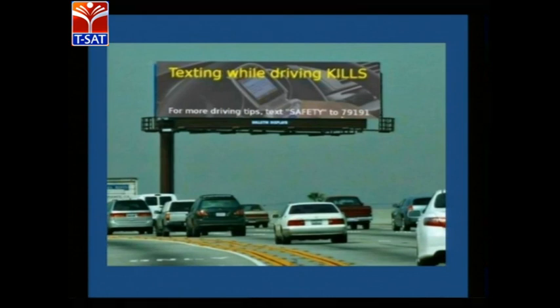That is the intention of that message on the hoarding. Just below, you observe, it reads, for more driving tips, text safety to such and such number. Here two things are contradictory. They give one message, and again they are asking drivers to text something to get some tips. Both of them are contradictory, and this is one example of irony.